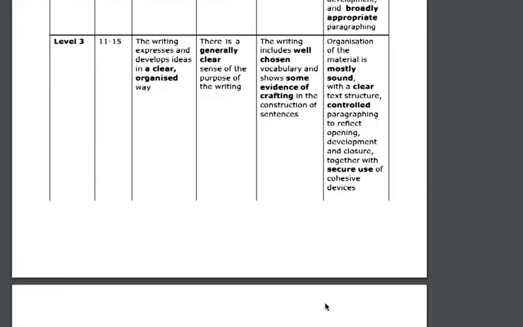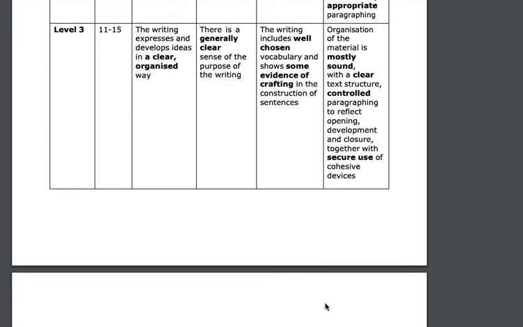So no, level 3, 11 to 15: the writing expresses and develops clear ideas in a clear and organised way. Yes. There is a generally clear sense of the purpose of the writing. Yes. The writing includes well-chosen vocab and shows some evidence of crafting the construction of sentences. Yes, some evidence. You see, we want to have detailed evidence, which is why we want colons and semicolons in there.